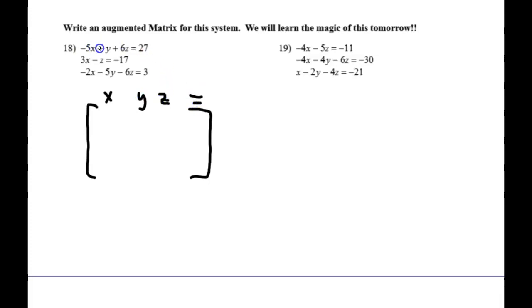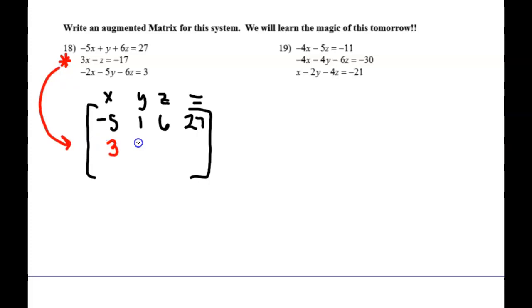So the first one we're good, right? It has a negative 5, a 1, a 6, and a 27. Everybody okay? What about that second one? Anybody know how we're going to put this one in there?